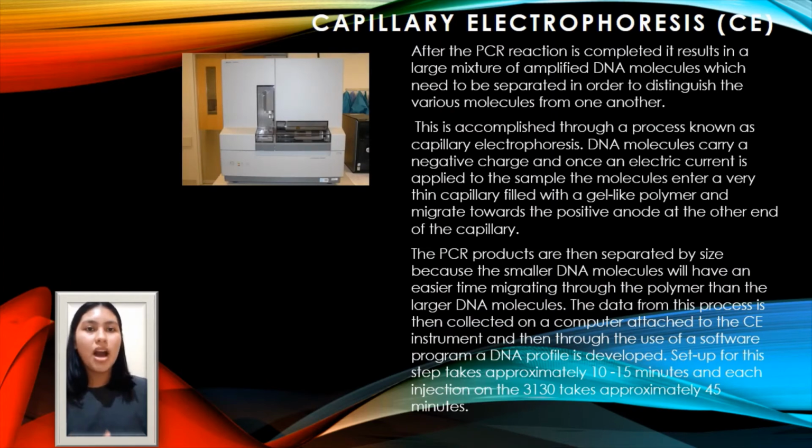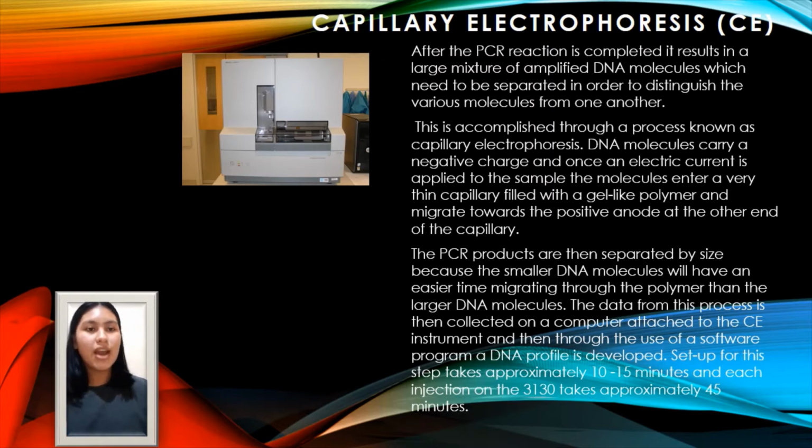After the PCR reaction is completed, it results in a large mixture of amplified DNA molecules which need to be separated in order to distinguish the various molecules from one another. This is accomplished through a process known as capillary electrophoresis.